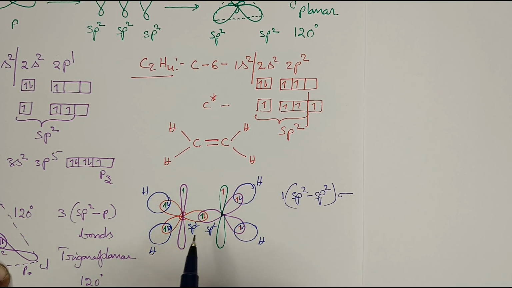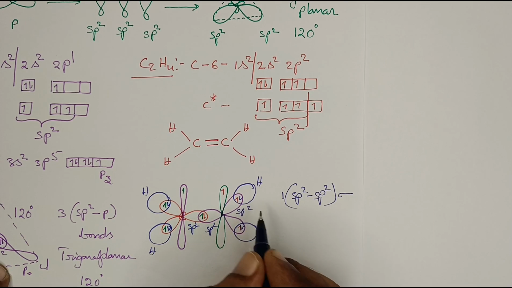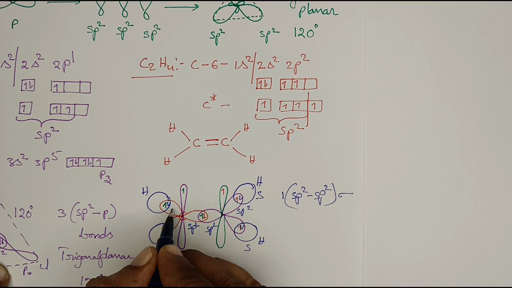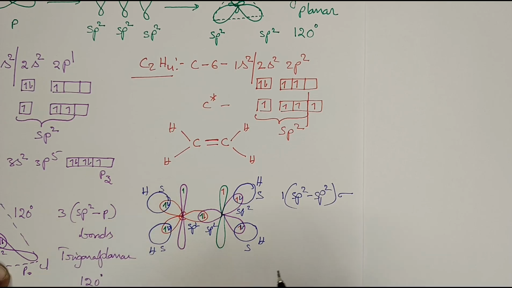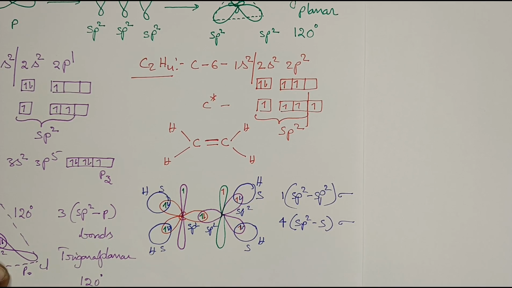And here, sp2 with s: this is sp2, this is s, this is sp2, this is s, this is sp2, this is s. So 4 sp2-s sigma bonds will be formed.